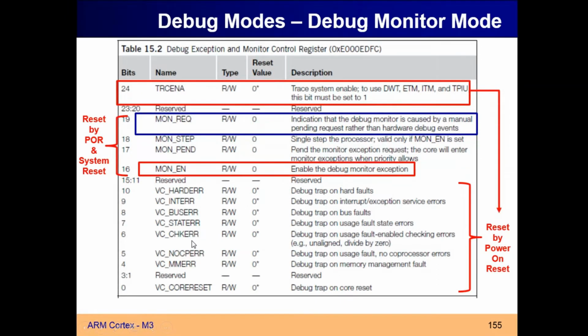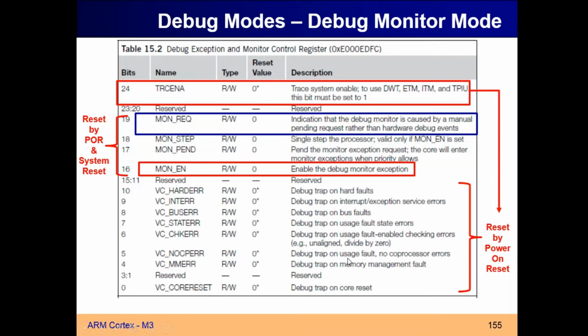Similarly, check error: we have seen a usage fault can also occur whenever some unaligned memory transfer occurs or divide by 0 occurs. During this time, the processor will be halted if this bit is set.